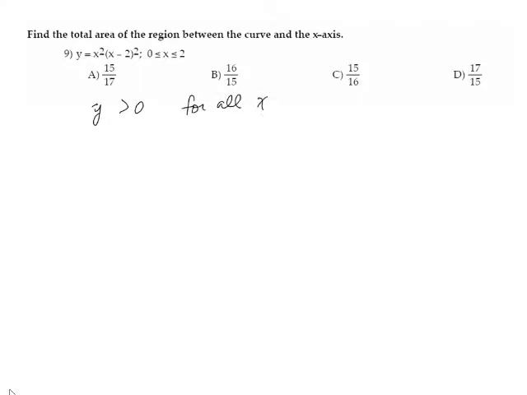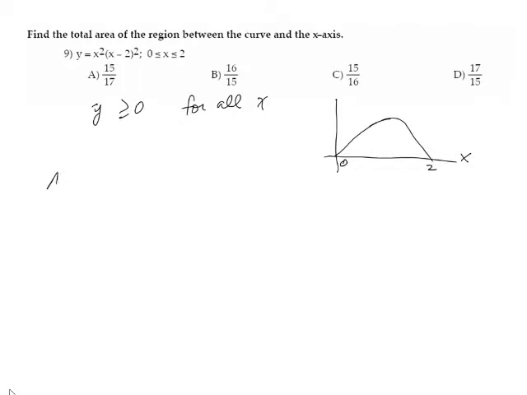Therefore, it's not dipping down below the x-axis. Well, it is 0 at x equals 0 and at x equals 2. But I think if you graph it, it will always be above the x-axis except at 2 points. And so we just have to do the integral to calculate the area.